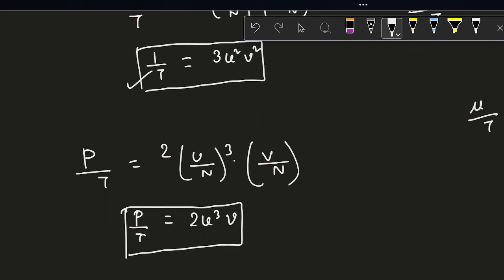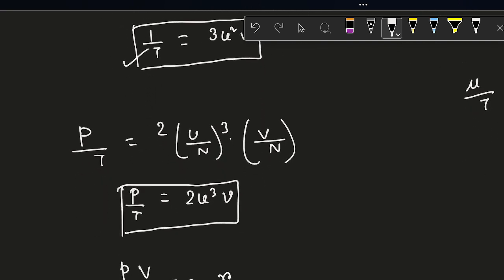So first of all, your p is 2 small u cube times v into your t, because this is p by t, so p will be this times t. Again v remains, let's say, as it is, capital V, remember this is not small v, and then n into now you have a t.